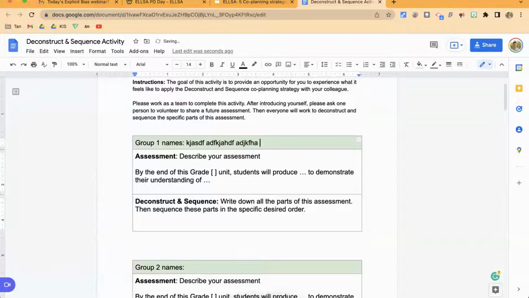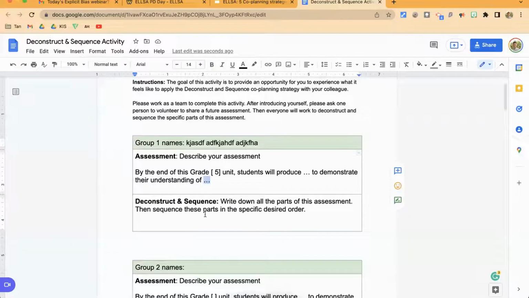And let's say that one person volunteers to describe an assessment. For example, Alice might say, by the end of this grade 5 unit, students will produce a poster to demonstrate their understanding of the ecosystem, or the food web, right?